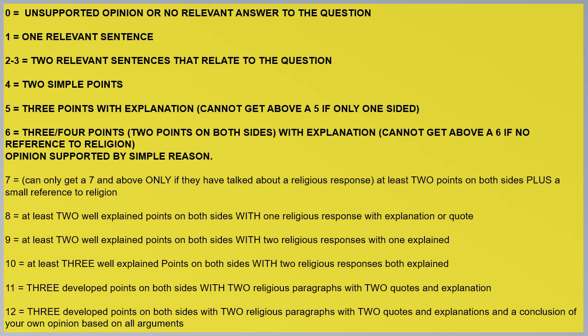So here I've given you a breakdown of where you might be awarded points for the 12-mark question. So I recommend you guys taking a screenshot of that and having that at hand if you're going to write or self-mark a 12-mark question.